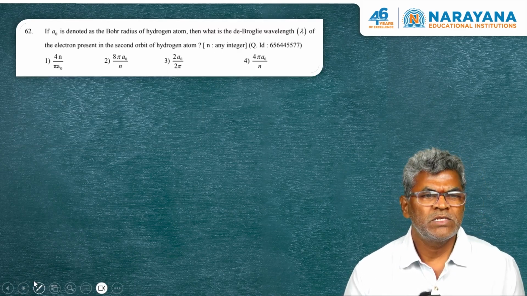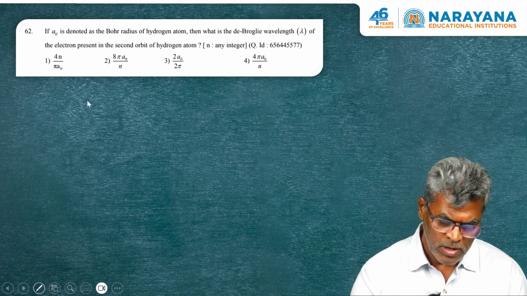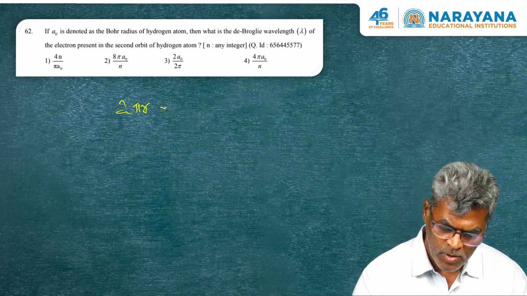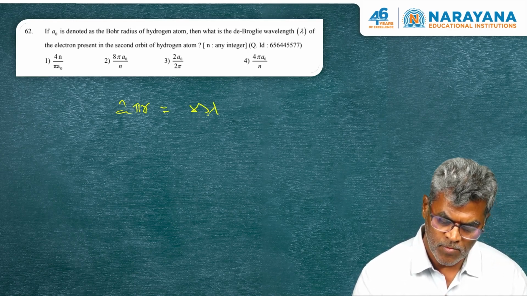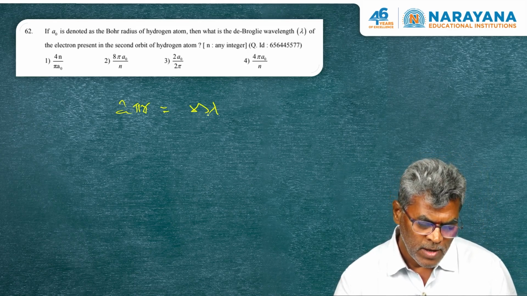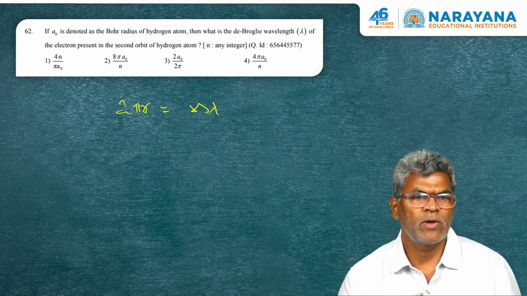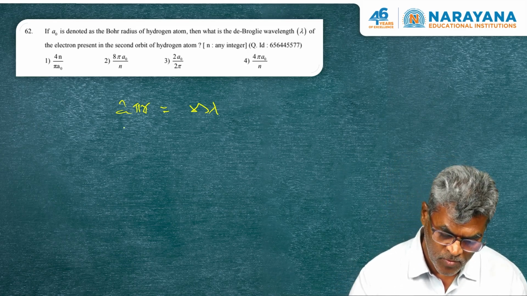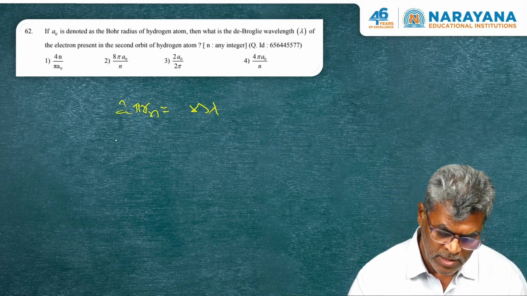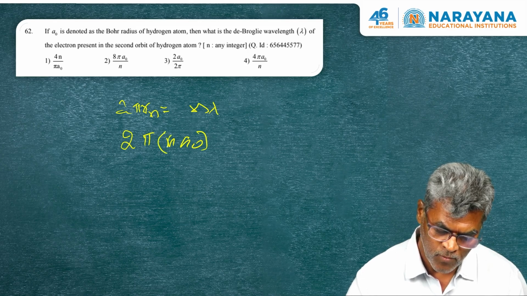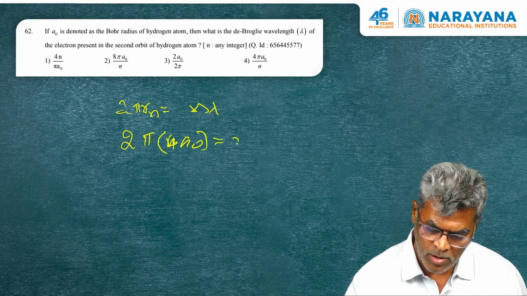62, this is de Broglie's wavelength. Here, as we know, 2 pi r is equal to n lambda. They have given, in question they have given de Broglie's wavelength and second orbit, that is why this is the nth orbit, 2 pi 4 a naught, what they have given already, 4 a naught is equal to n lambda.